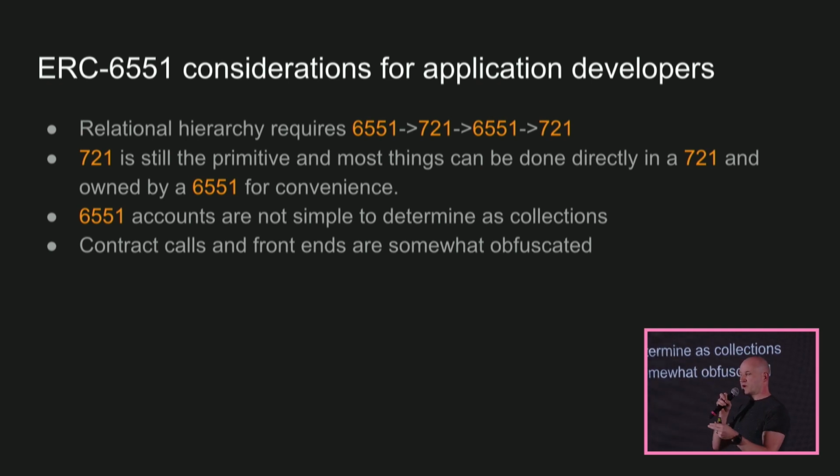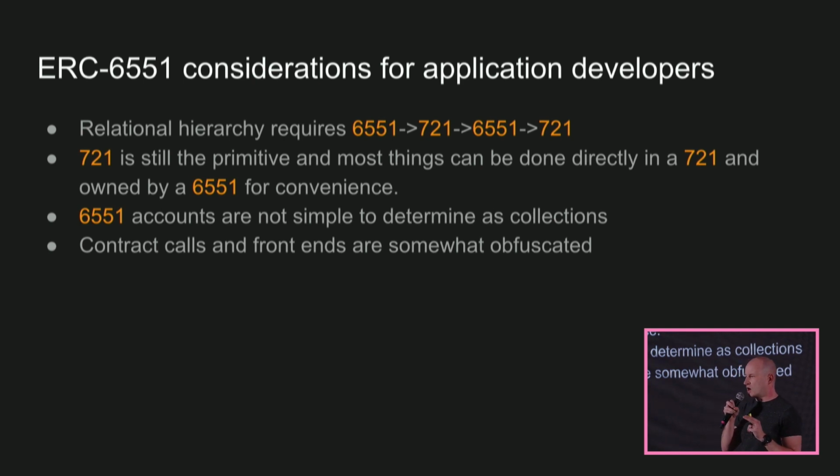And if you want that 6551 to own another 721, and that owns a 6551 that controls a 6551, you've got multiple hops to go through to assert the ownership of that. You have to have knowledge of both. So ultimately, 721 is still the primitive in a 6551. And a lot of the things that you want to do with hierarchy, you can actually do directly with 721s.